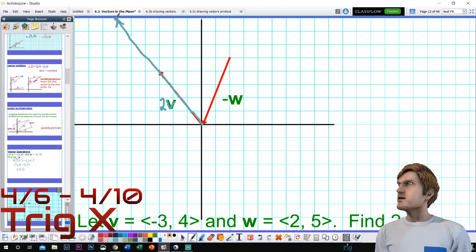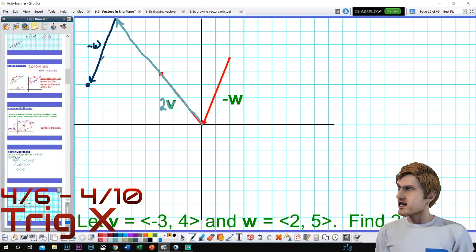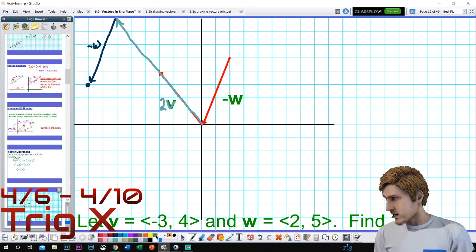So I go up here, down 1, 2, 3, 4, 5, left 1, 2, put my dot there, draw my arrow. These should look like they're parallel because they are. Minus w, remember they're equal vectors, they both go in the same direction, same angle, same magnitude, they're the exact same vector.